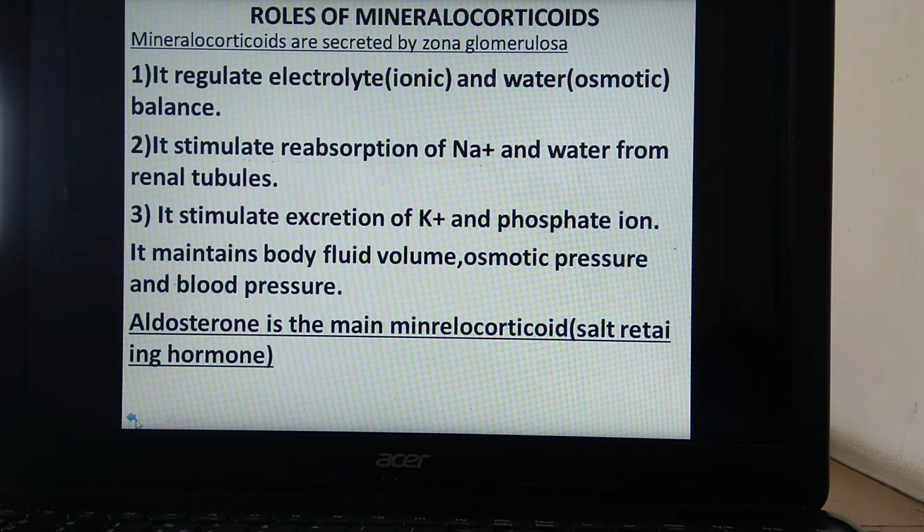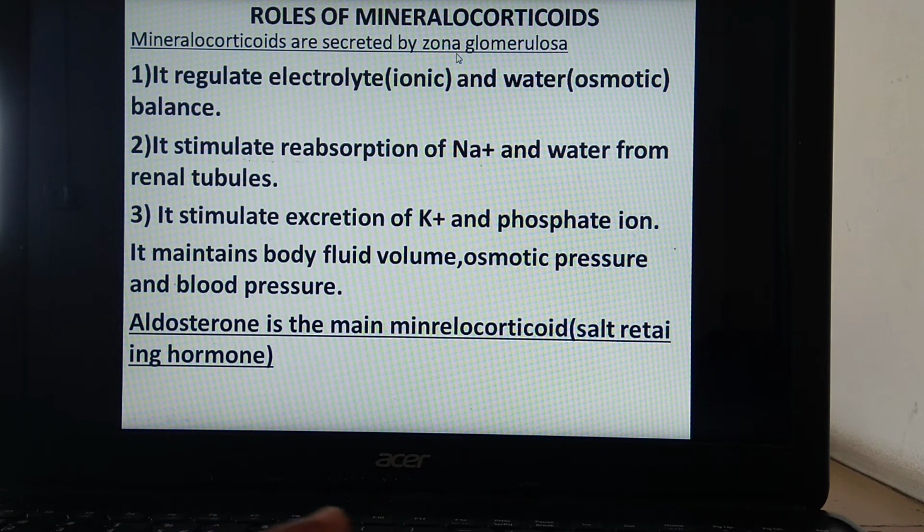See this last line, aldosterone is the main mineralocorticoid, which is also called the salt retaining hormone. Salt is retained, mainly sodium is reabsorbed inside the body because of this mineralocorticoid. So this is one of the hormones secreted by the adrenal cortex, mainly by zona glomerulosa.